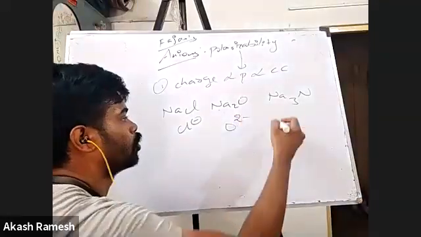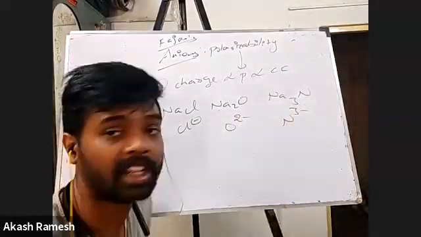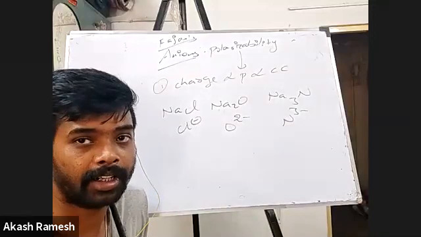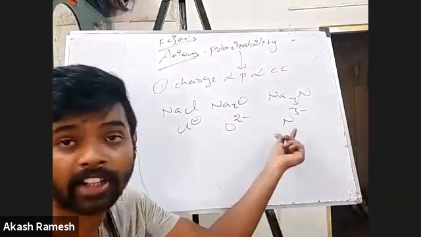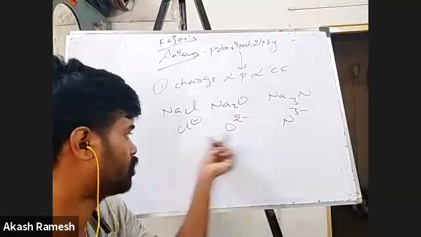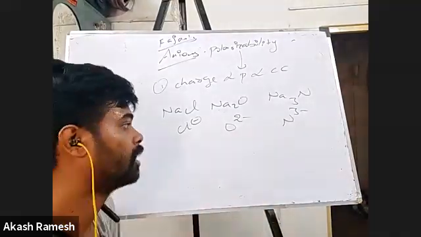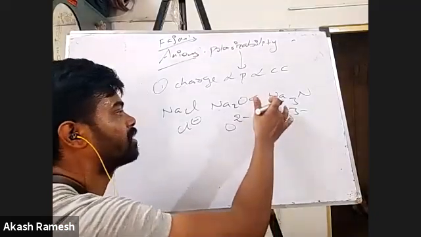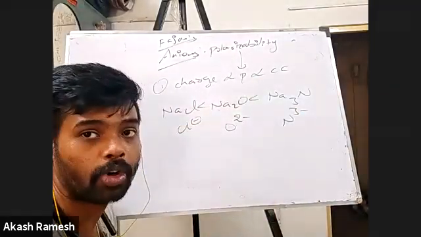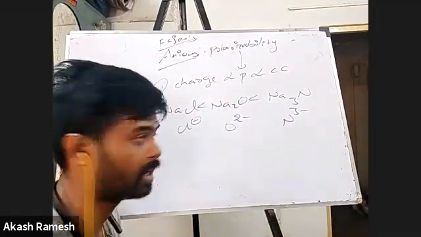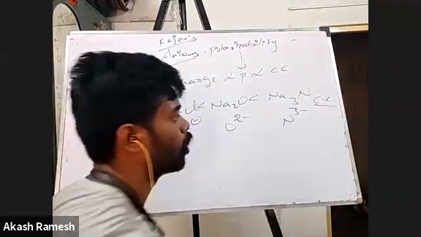Cl minus, O2 minus, and N3 minus. Now, what did I tell you? More charge, more covalent character. N has -3, oxygen has -2, Cl has -1 only. So definitely Na3N will be more covalent than Na2O, which will be more covalent than NaCl. So this is the order of covalent character.